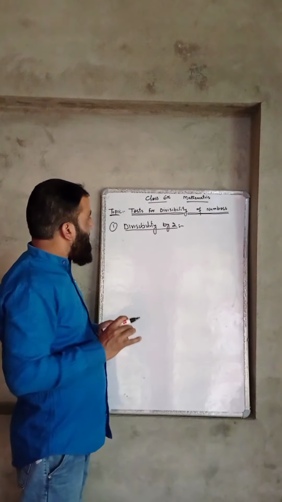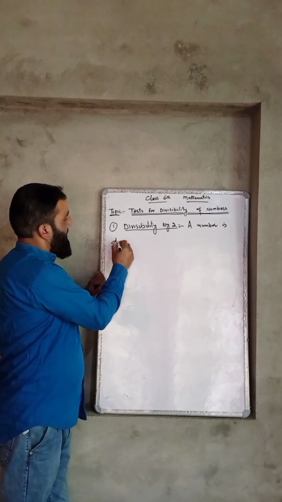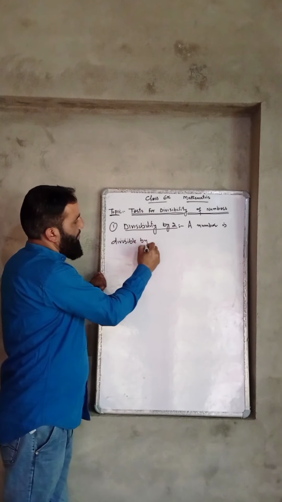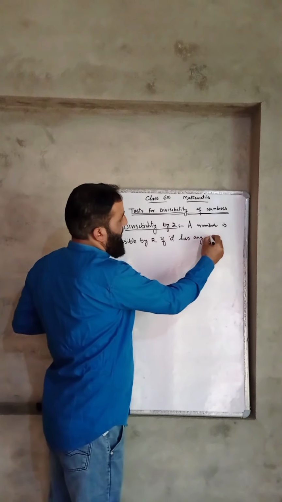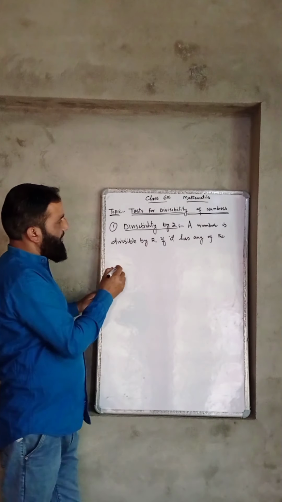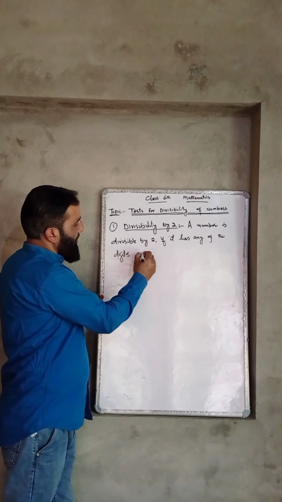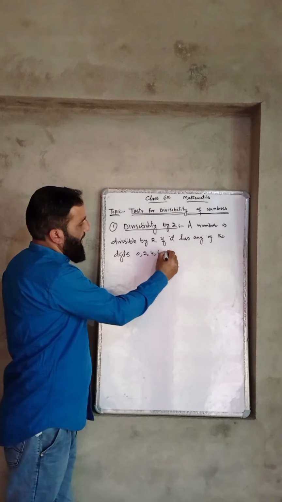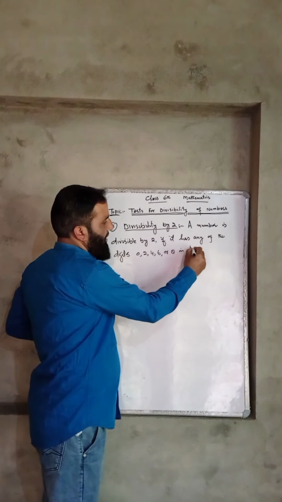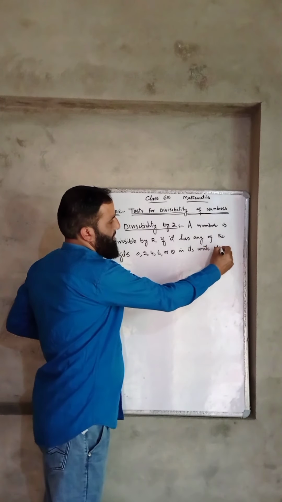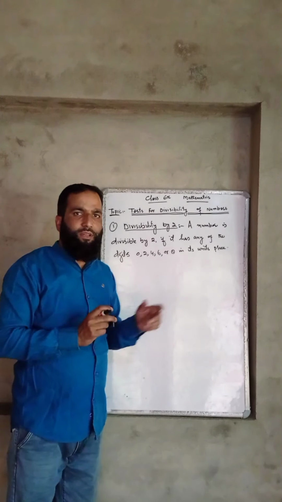For that very purpose, we have to remember that a number is divisible by 2 if it has any of the digits 0, 2, 4, 6 or 8 in its units place.